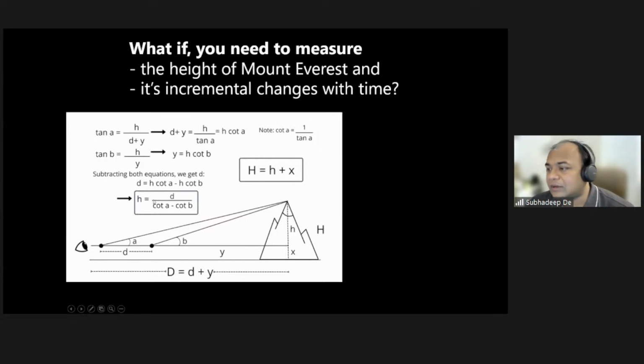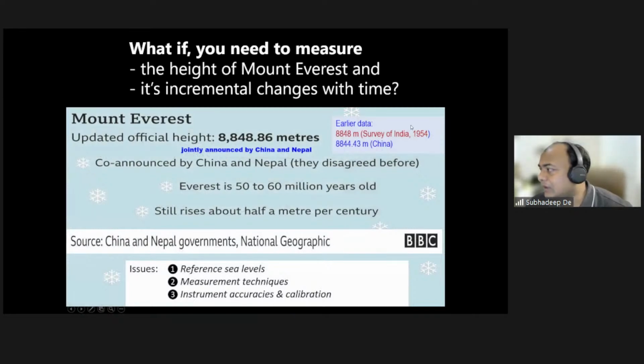I'm not going into that detail. One can measure the height h of Mount Everest by knowing this distance d and these angles A and B, and he did it in 1954. Okay, this is the right year, 1954, using very simple classical tools, basically rulers and probably some other pointer. I don't know exactly what it was.